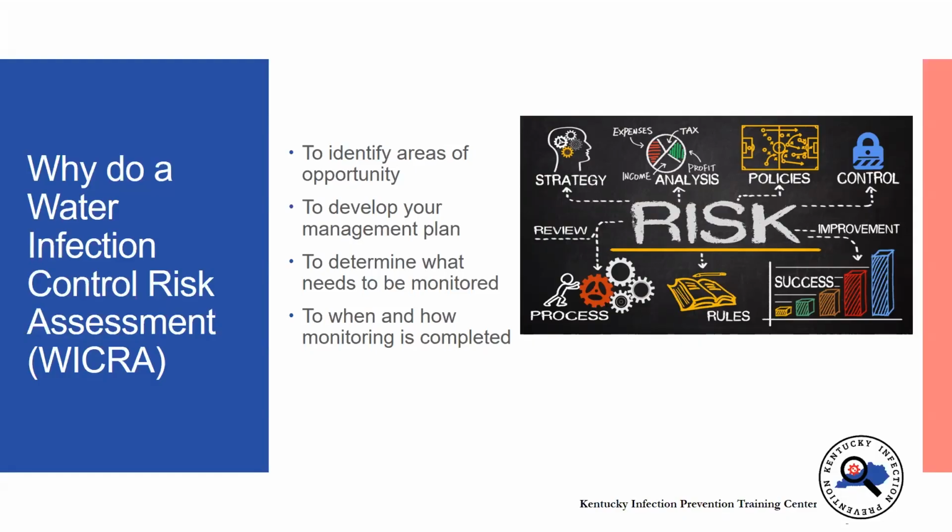Many times we get a little bit nervous about doing a risk assessment, but we have to recognize that we do risk assessments all the time in our regular lives. One example is if you're going to take a vacation to the beach. There are different times that you can or should or shouldn't take vacations to different areas of the country. You need to know the risk and you assess for that.